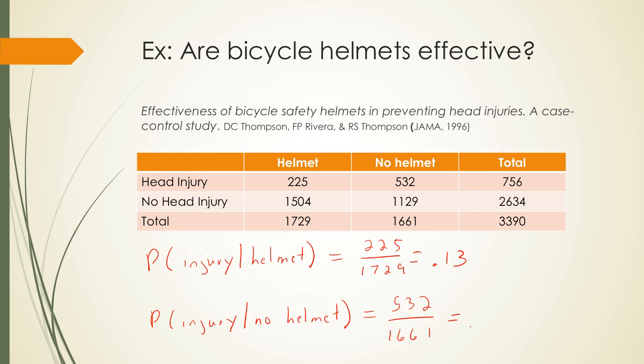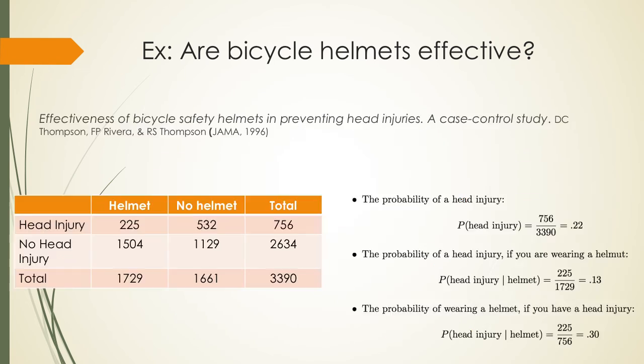This comes out to be 0.32. That is, a person not wearing a helmet has a 32% chance of suffering a head injury. We can see that wearing a helmet seems to be associated with a much lower risk of a head injury, suggesting that this is a useful safety measure.